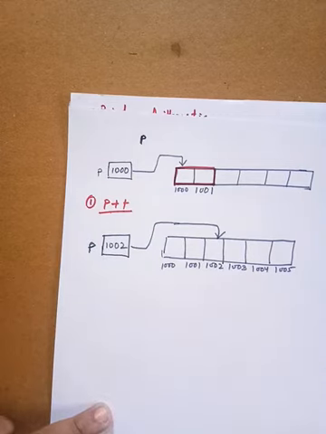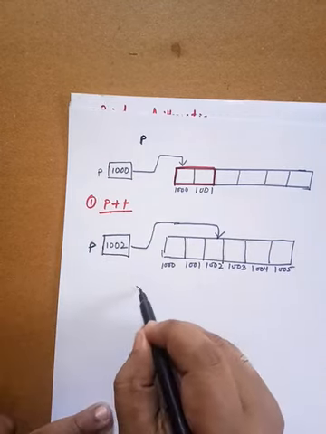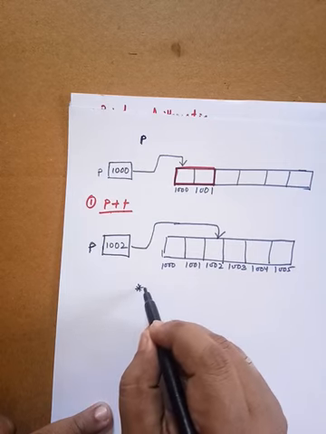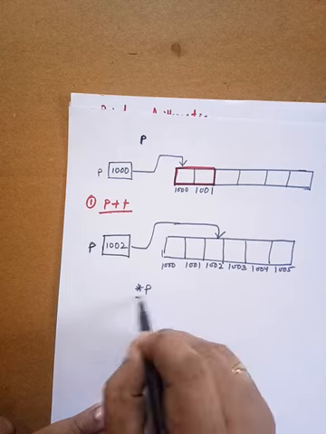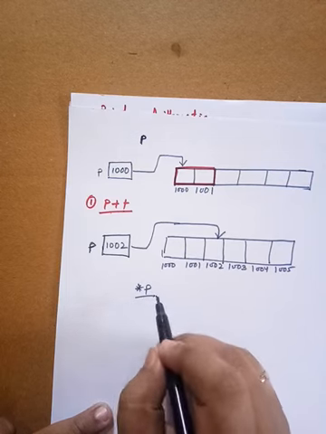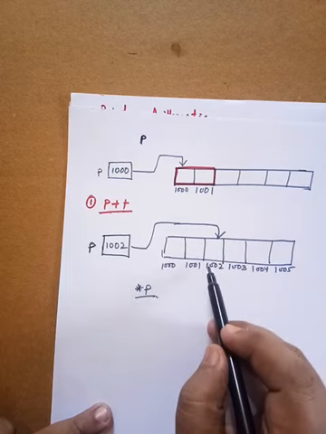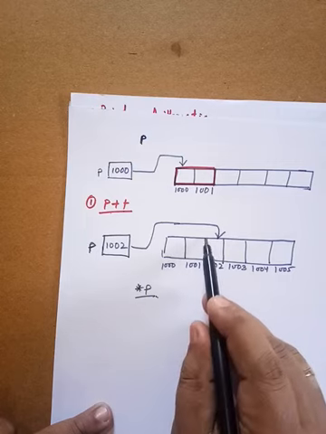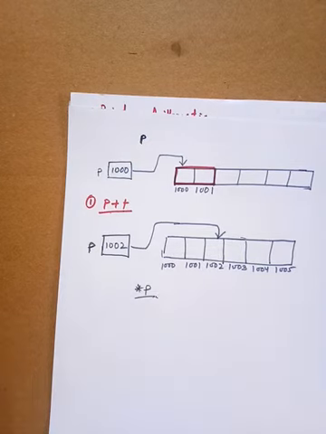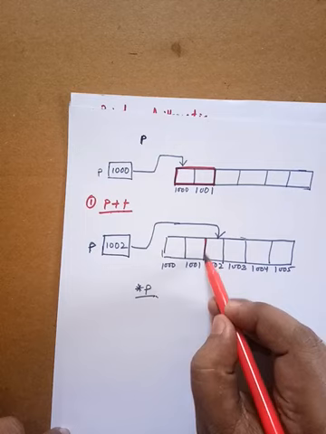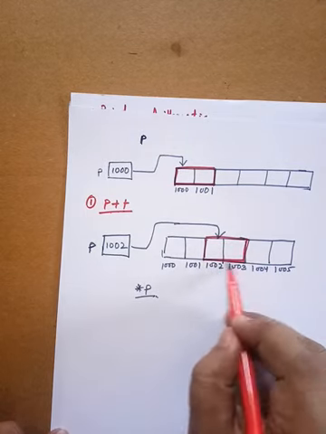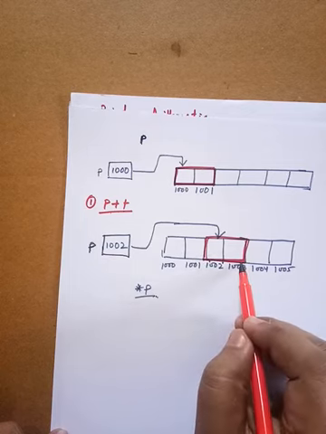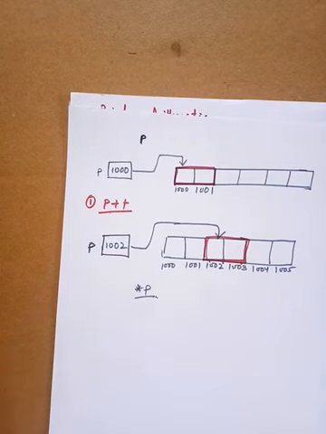Now if you dereference, that means if you try to print star or asterisk p, it will print the value stored in the address 1002 and 1003. Whatever may be stored in these two memory locations, that will be the output.